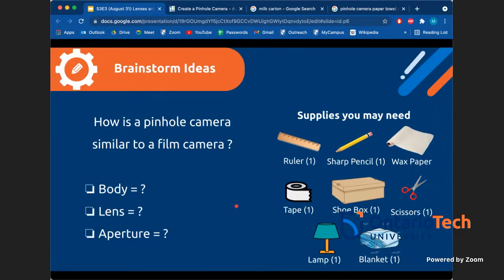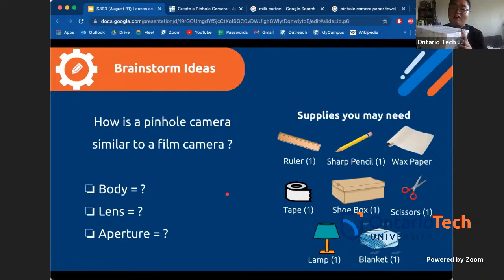Okay. So as I said, the body of a film camera is similar to the shoebox that we're going to be using here. The aperture, as we said for a pinhole camera, is going to be the tiny hole that we create in the box. And the lens is going to be the wax paper that we use in order to view the image as it's created.